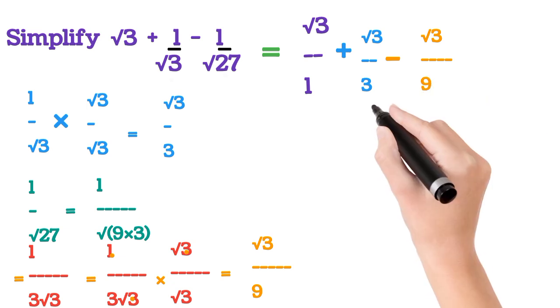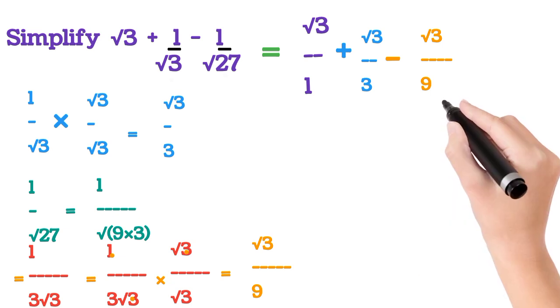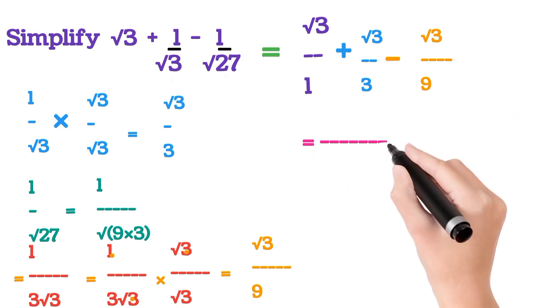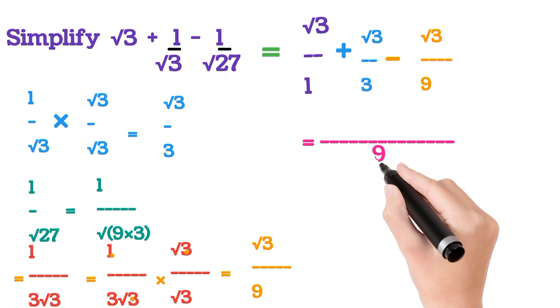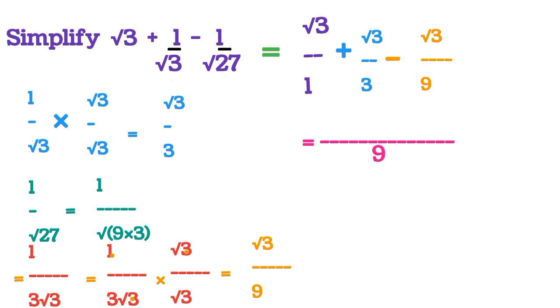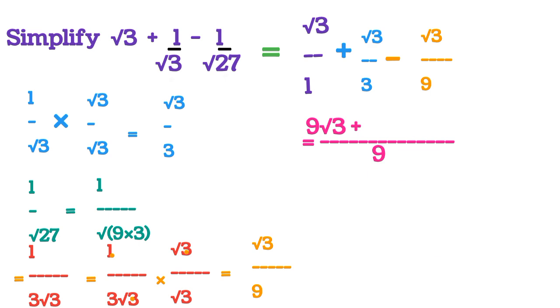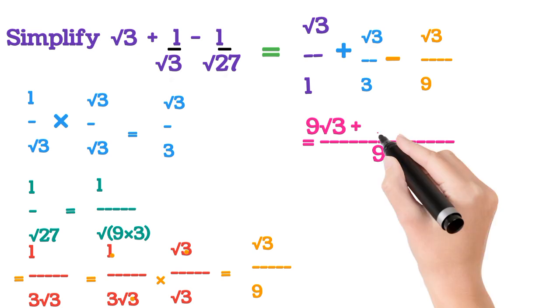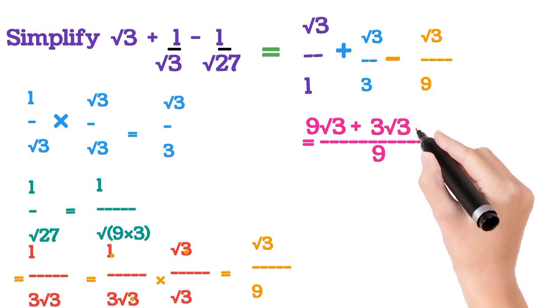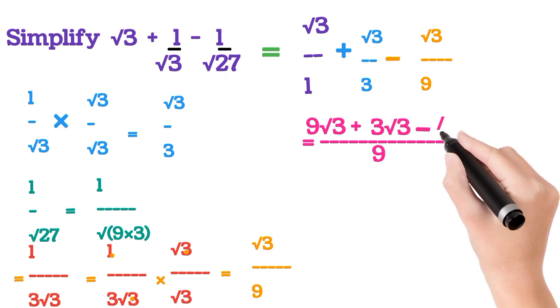So what next is to take the LCM of 1, 3, and 9. The LCM of 1, 3, and 9 is 9. 9 divided by 1 is 9. 9 times square root of 3 is 9 square root 3, plus 9 divided by 3 is 3. 3 multiplied by square root of 3 is 3 square root of 3.